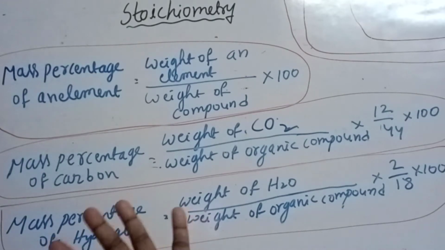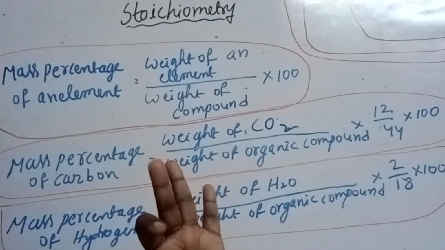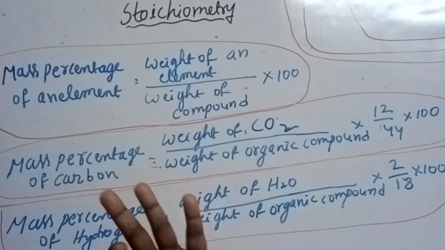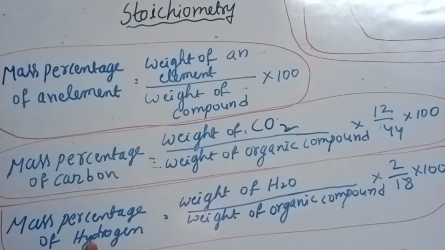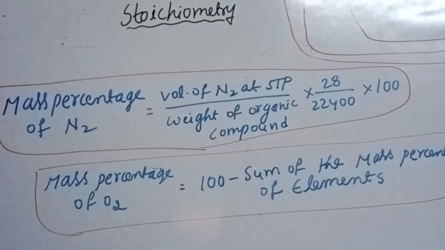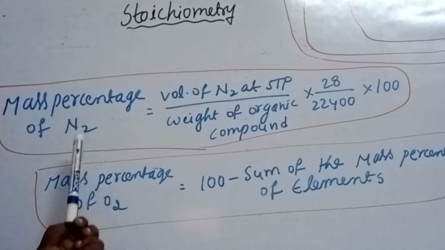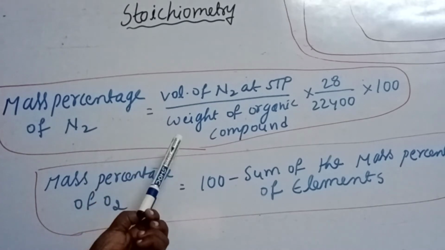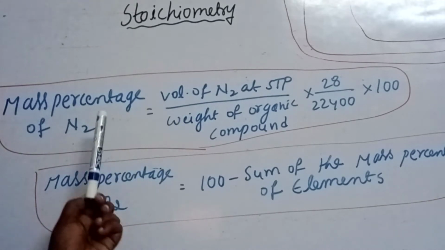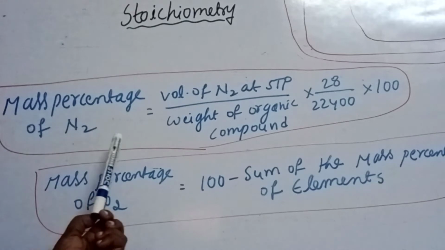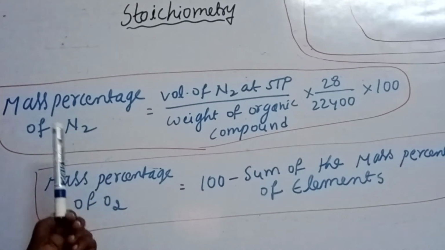Generally organic compounds contain carbon, hydrogen, nitrogen and oxygen. Carbon and hydrogen are completed, so two formulas remain. Mass percentage of nitrogen: by using this formula we calculate the mass percentage of nitrogen in a given organic compound.